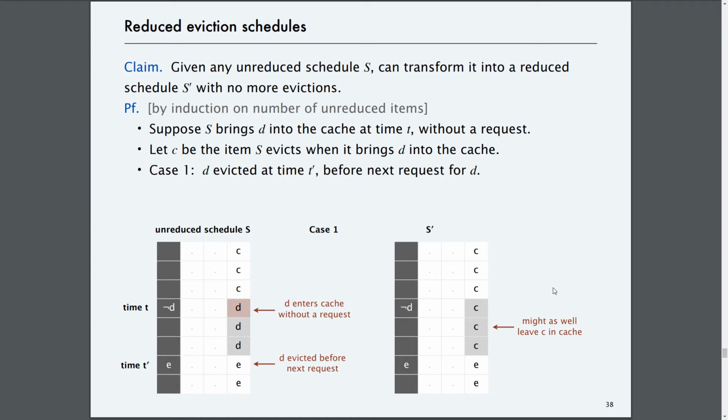So suppose we bring in item D at time t without a request, and then let C be the item that S evicts when D is brought into the cache. We have the case where D is evicted at time t prime before D is requested again.